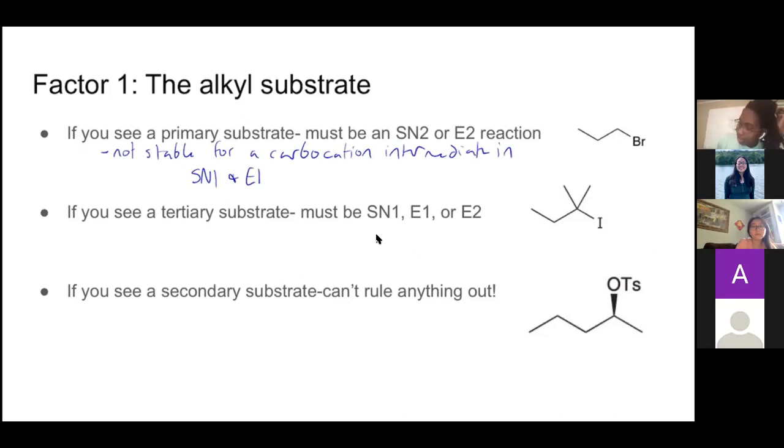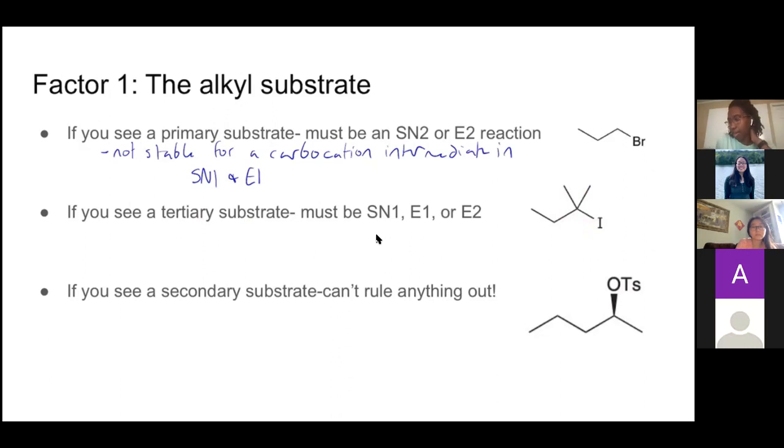Now, on the other end of the spectrum, let's say you have a tertiary substrate or something that looks like this. In that case, you're going to have a lot of different carbon groups attached, as we see here. So it's going to be very difficult to perform the backside attack that's featured in the SN2 reaction.